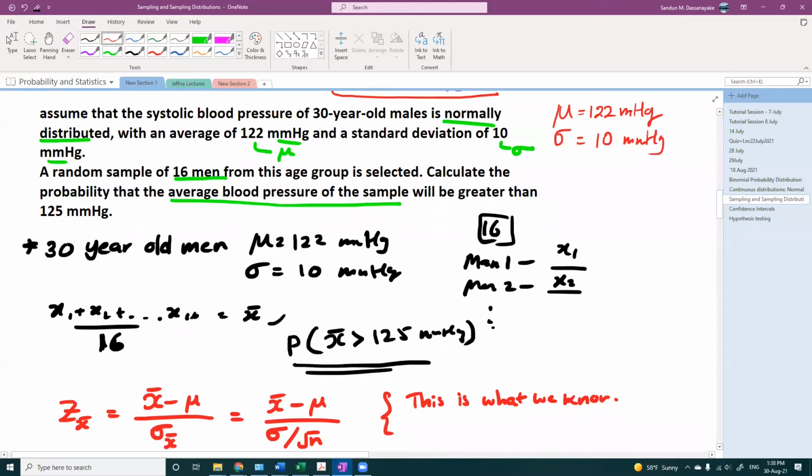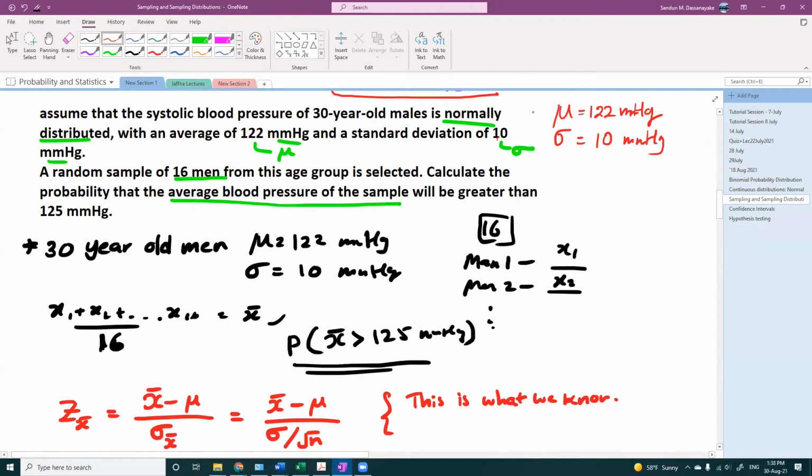mmHg. These data values may come from national level experiments, like you do a survey and you know that in this population you have a mu of 122 and a sigma of 10.